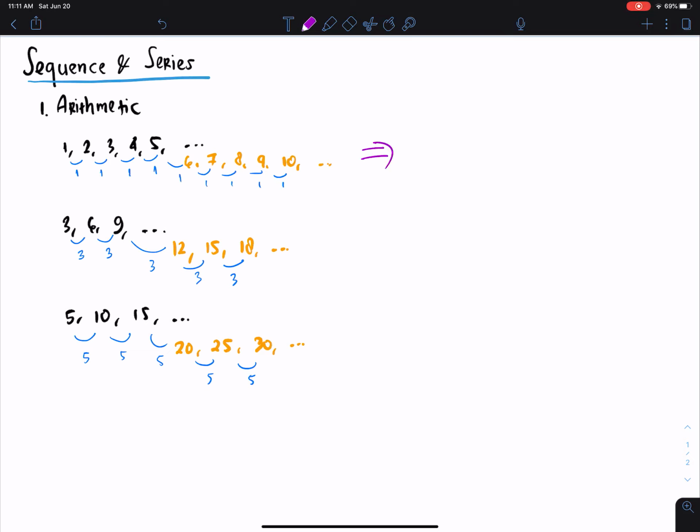If someone asks what the 67th term is, since the difference is only 1, it is easy to say 67.